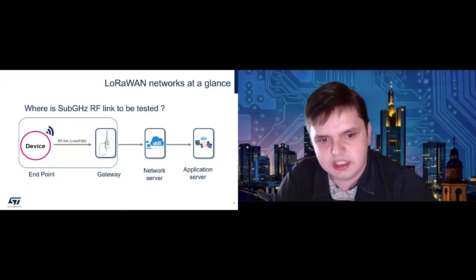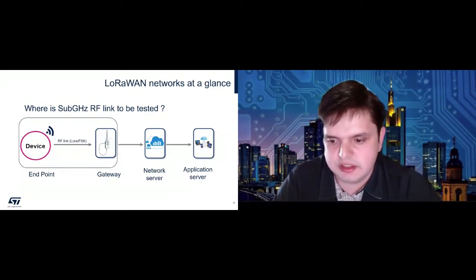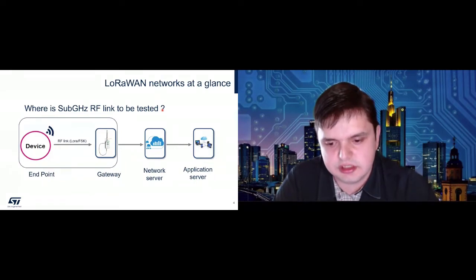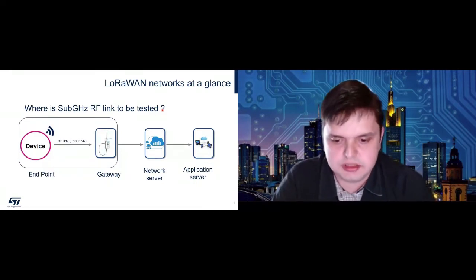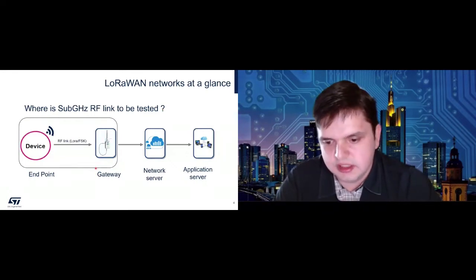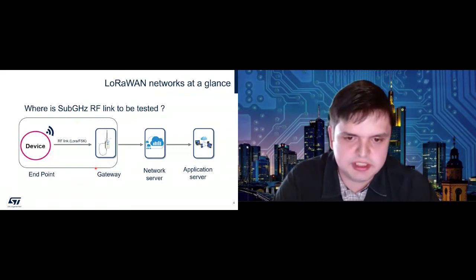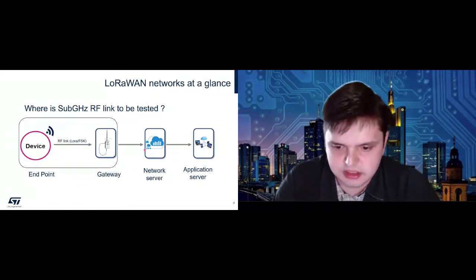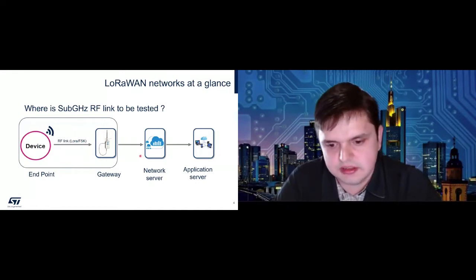But to get the data from your end device, you need something in between, and that is the network server, which provides the infrastructure and communication with the end device. And the network server communicates with the gateway, which is basically a very simple device, only transforming LoRa packets into TCP/IP packets.